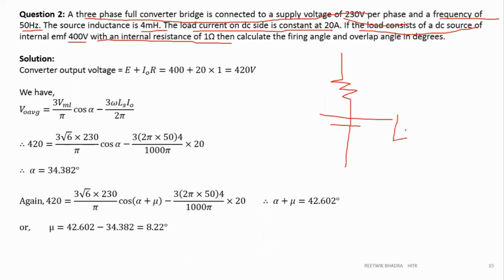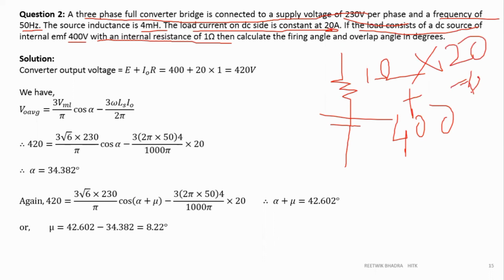There is a 400 volt source here and a 1 ohm resistance here. Can I calculate the average voltage? Yes, 400 plus I into R. The DC constant current is 20, so 20 into 1 gives you 420. So I can easily calculate V average, the converter output voltage, as 420.